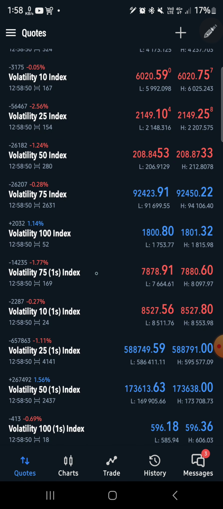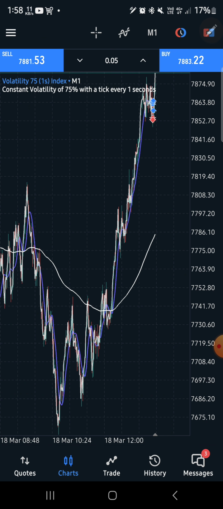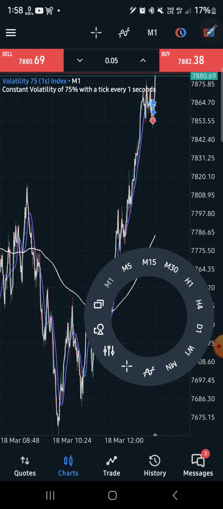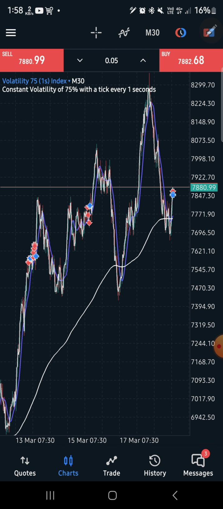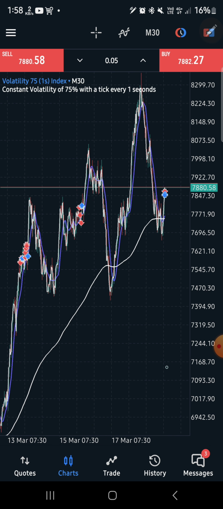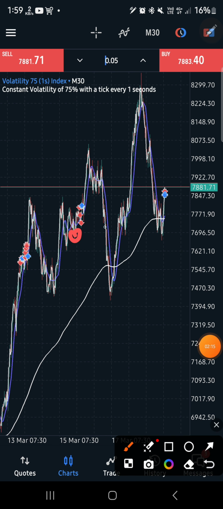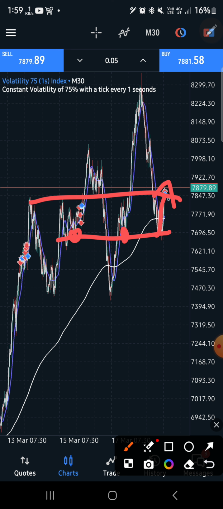And then for the last index, 75-1S, this one, let's check for 30 minutes. Okay, I think this one tested this zone a couple of times and now it's buying, but if it doesn't break the zone properly, it's going to come back down, and if it does, it's going to come to 8K over here.